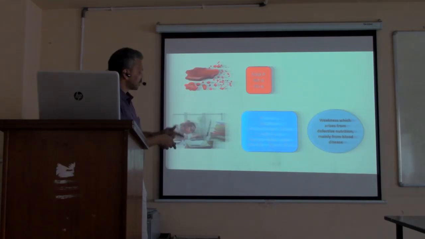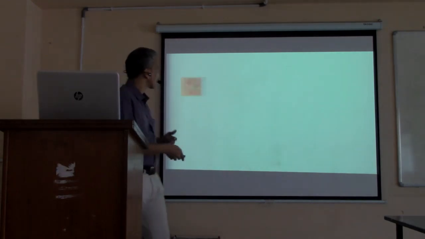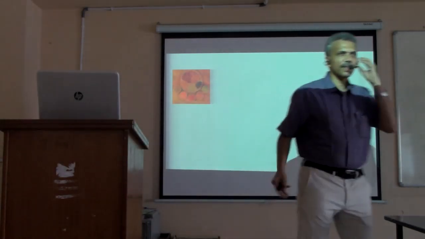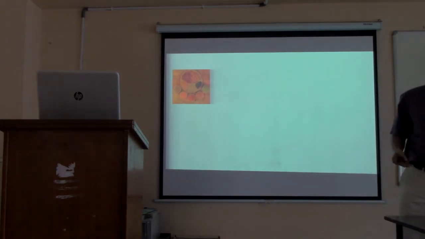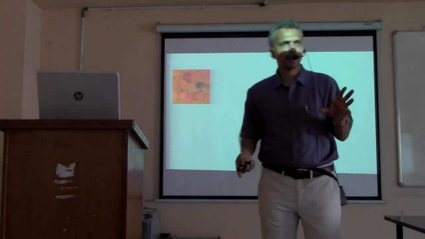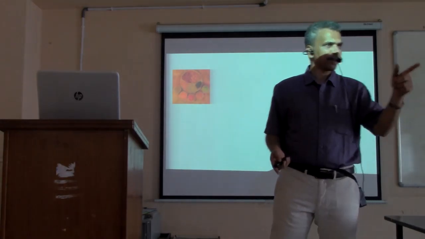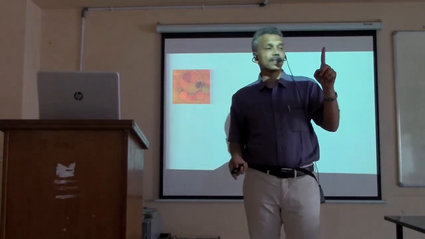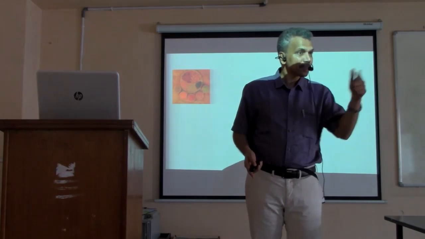Hemorrhages: sulfuric acid, nitric acid, phosphoric acid. Now many of you are keen to know the desires and aversions of acids. Any wild guess what the desires are? One I have already given: refreshing things, sour things.